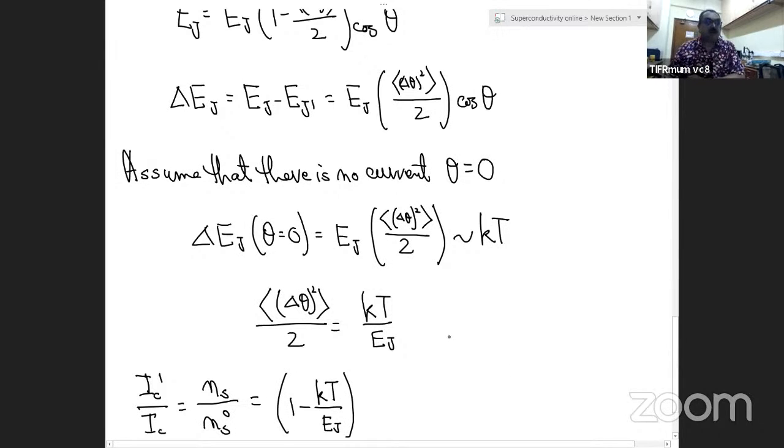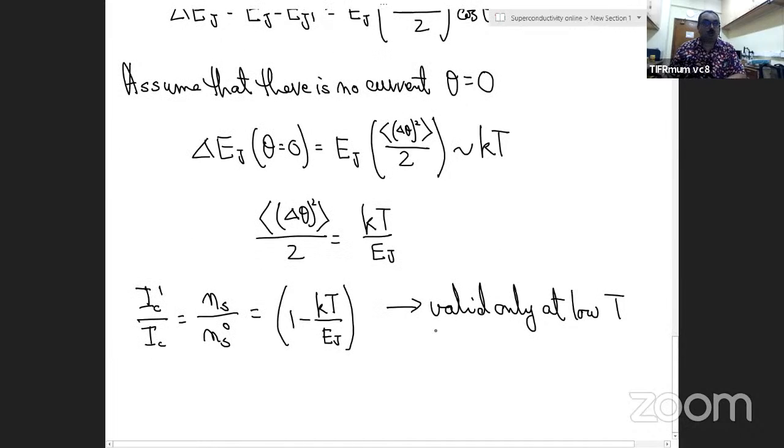Now remember that this expression is only valid when δθ is small. So δθ small corresponds to the harmonic approximation. When δθ becomes large, you will have anharmonic terms that will become important. So this is valid only at low T.